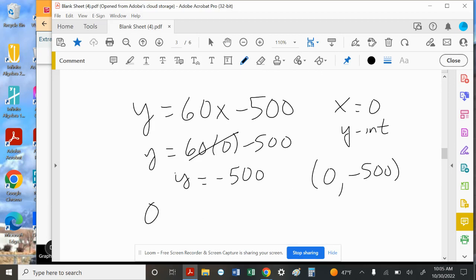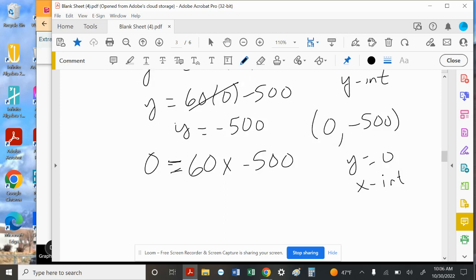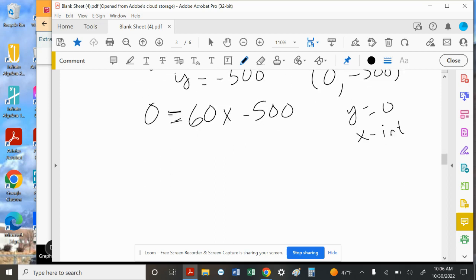My other point is when I plug in 0 for y, I end up with a 0 on the left. Now we know y is equal to 0, so we're looking for our x-intercept. I'm going to move the 500 over. I could move the 500 over or I could move the x over, but I like to keep things positive as much as I possibly can.